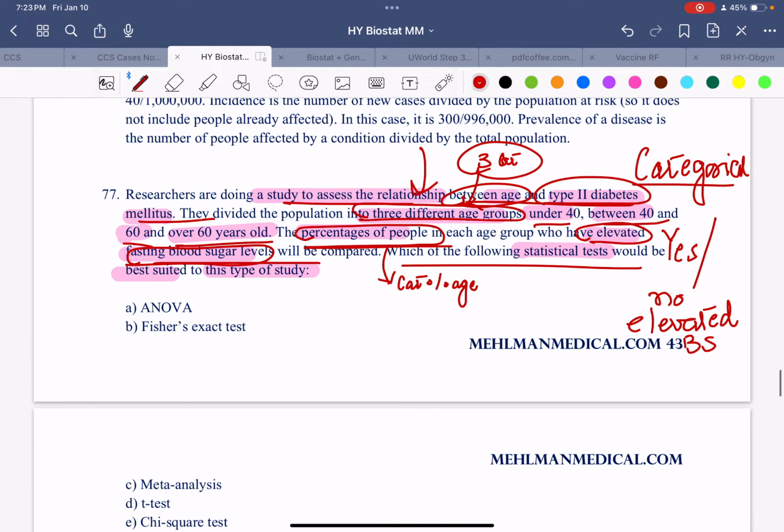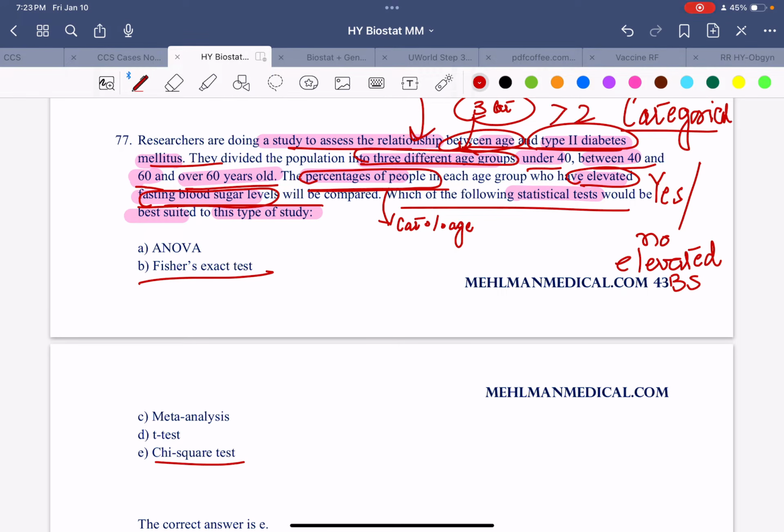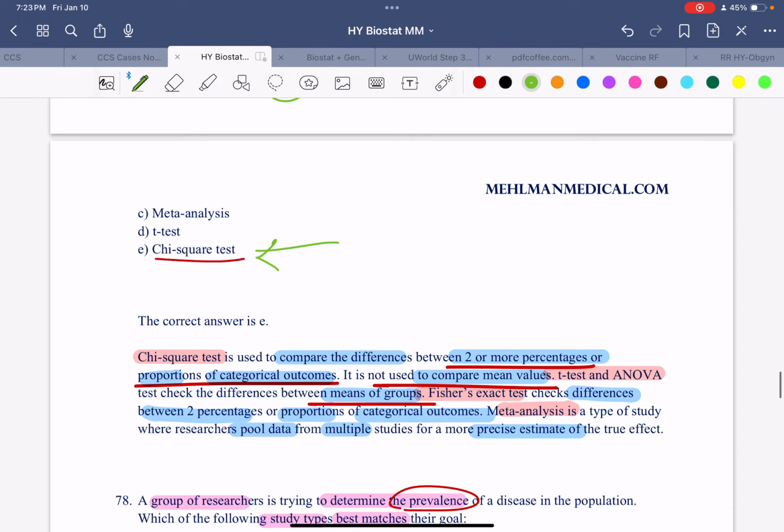Therefore the type of tests we use for it are Fisher's exact test along with chi-square. But over here, since we have greater than 2 groups, we have 3 different groups, therefore we'll be using the chi-square test. If it was just 2 groups, suppose people under 40 and people over 40, then we would have used Fisher's exact, but we are using chi-square because it has greater than 2 groups and we are comparing categorical outcomes.